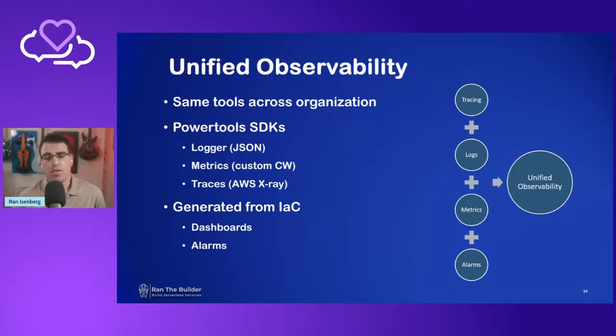Okay, so it's going to work like this. We're going to basically use Powertools at the handler level, and then we're going to add some infrastructure as code to really complete the unified observability experience. So for the SDK, we're going to use the logger for Powertools, and we're going to write JSON logs for CloudWatch. We're going to use the metrics utility to write custom CloudWatch metrics for KPIs, basically for the product KPIs.